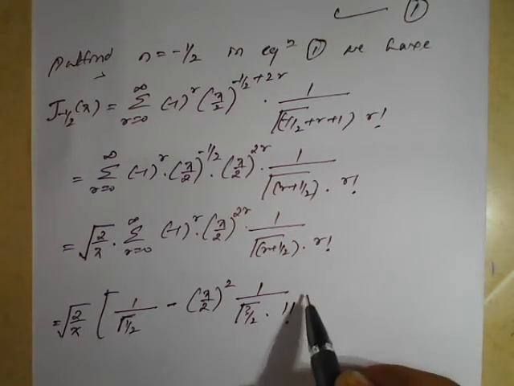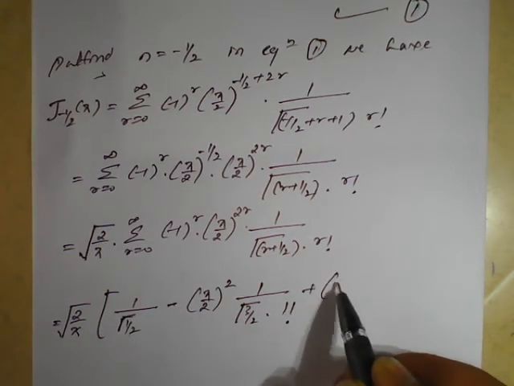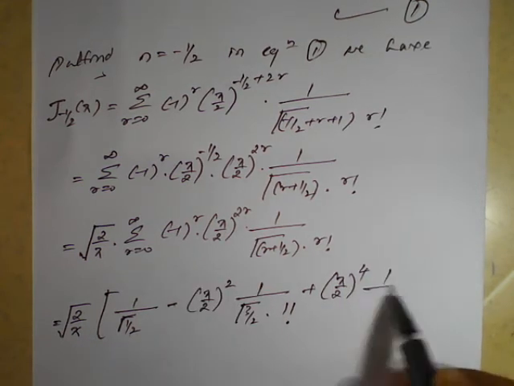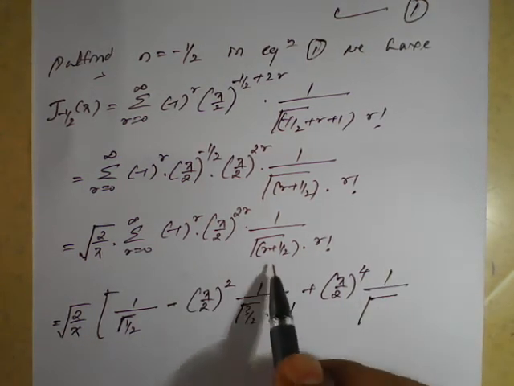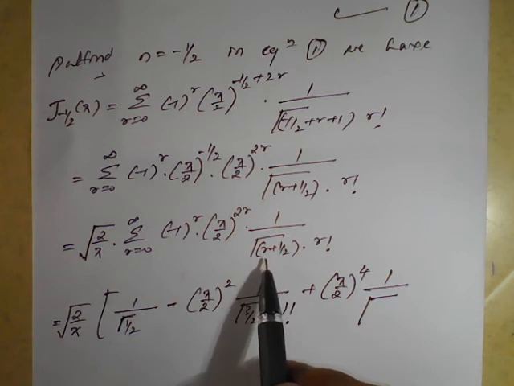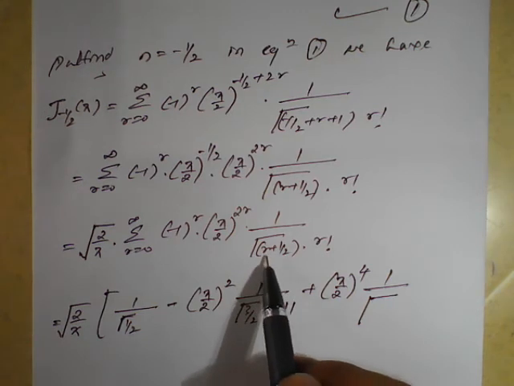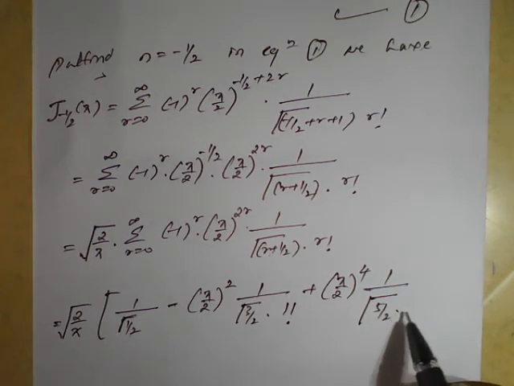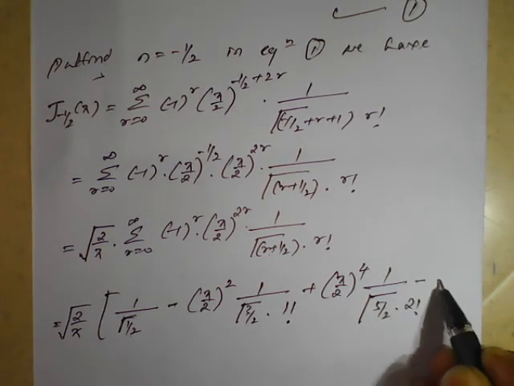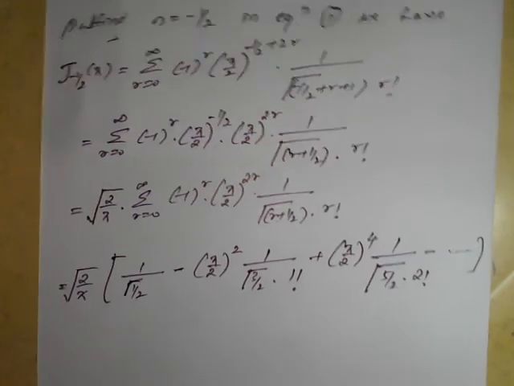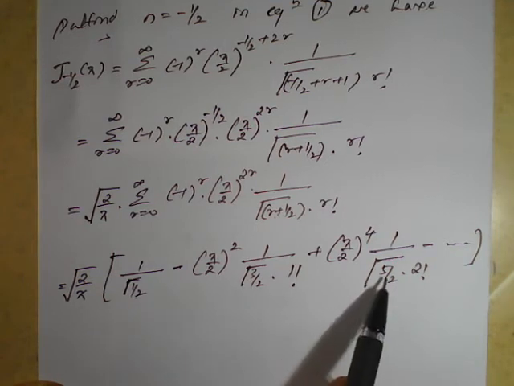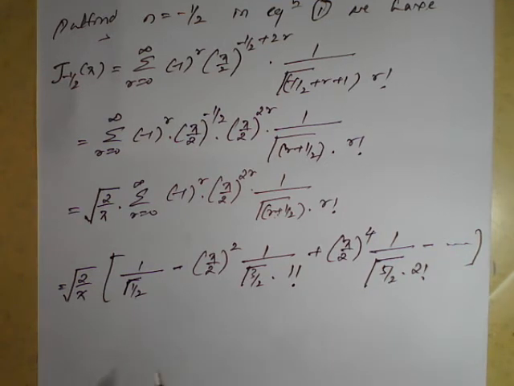Similarly, when r is equal to 2, the term will become x upon 2 raised to 4, because 2 2s are 4, 1 upon gamma of 2 plus 1 by 2, it will become 5 by 2, into 2 factorial, minus, and so on. So on simplification, as we know the values of gamma of 1 by 2, gamma of 3 by 2, gamma of 5 by 2, I will rewrite.